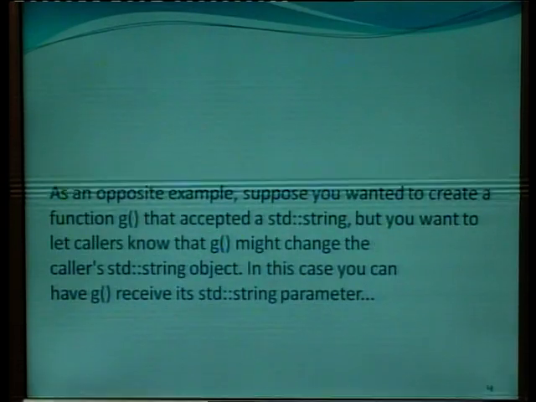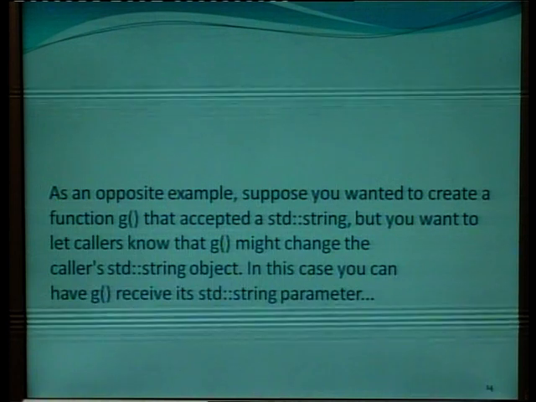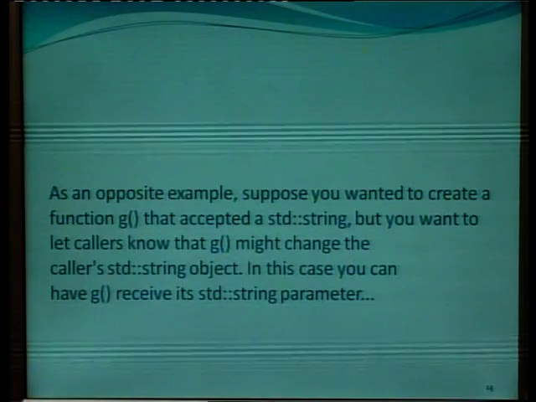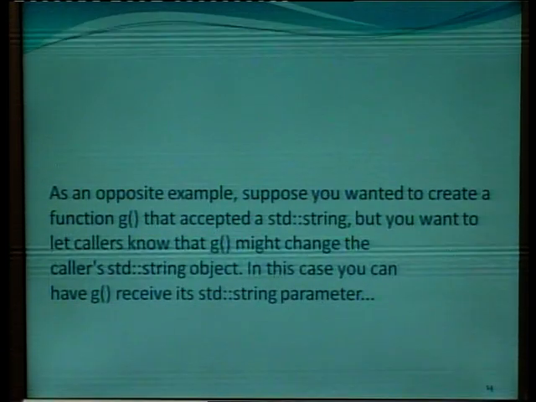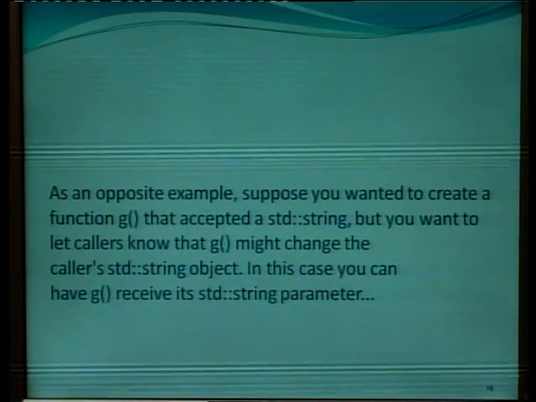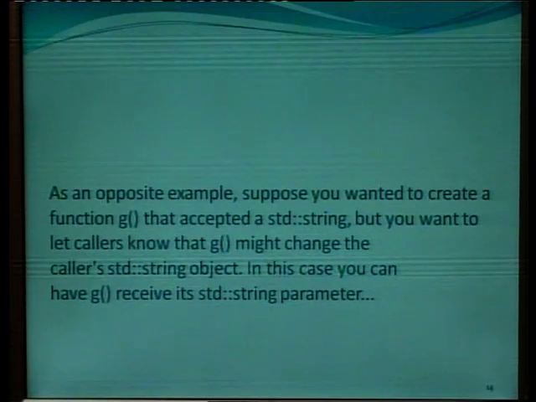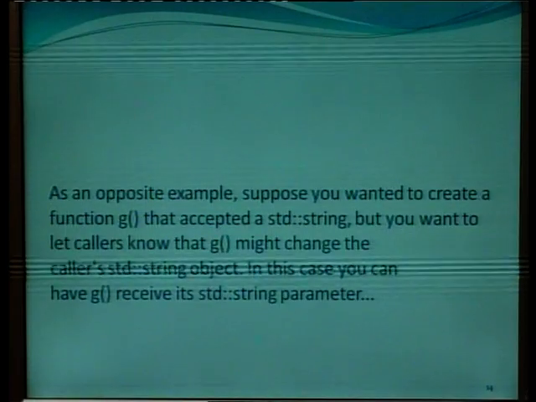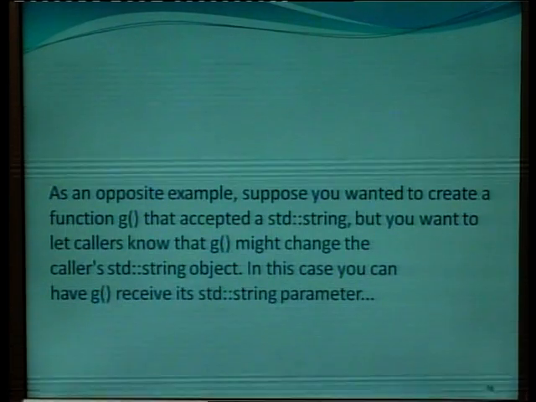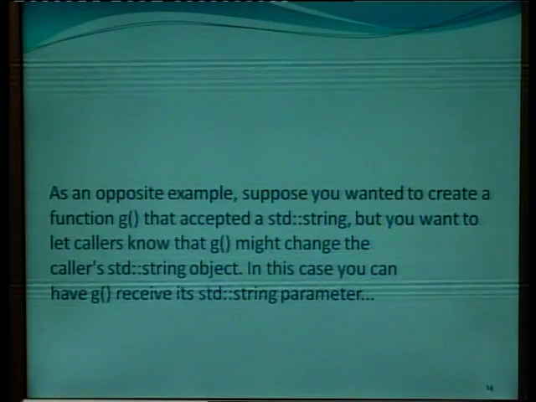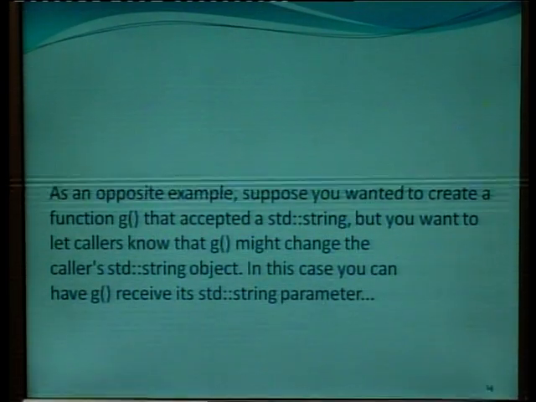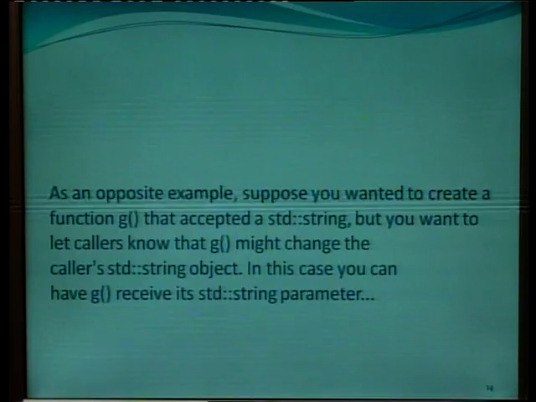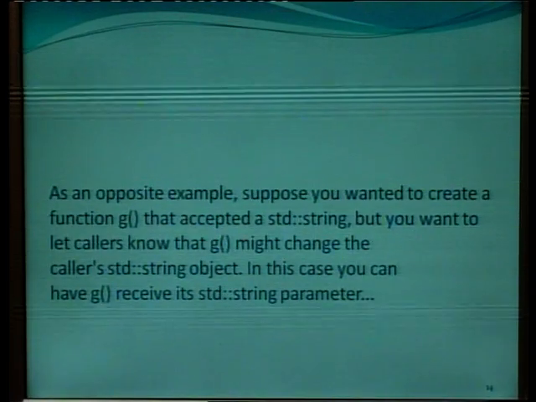As an opposite example, suppose you want to create a function g that accepts a standard string, but you want to let callers know that g might change the caller's standard string object.